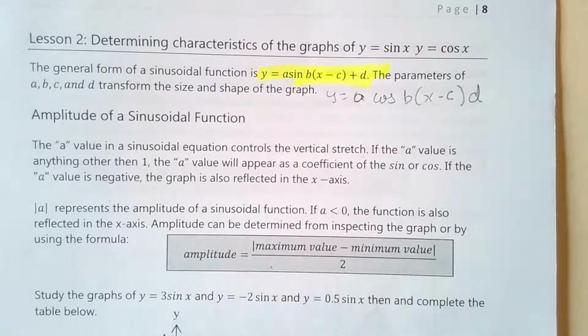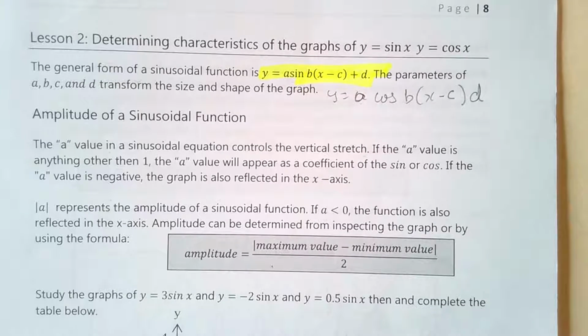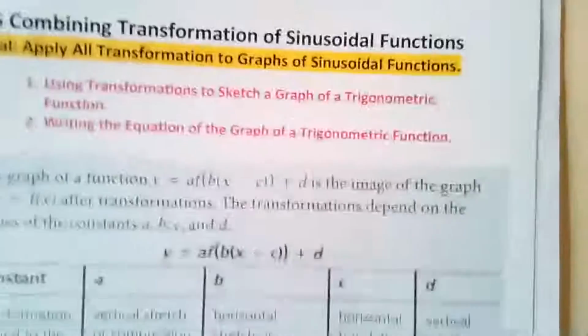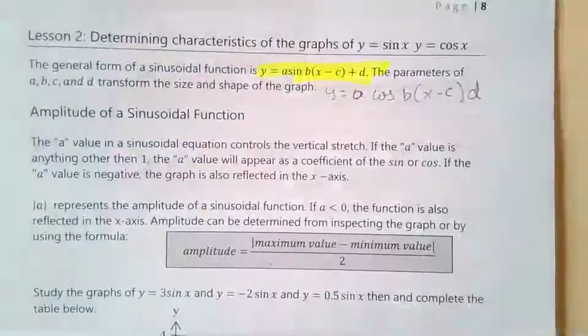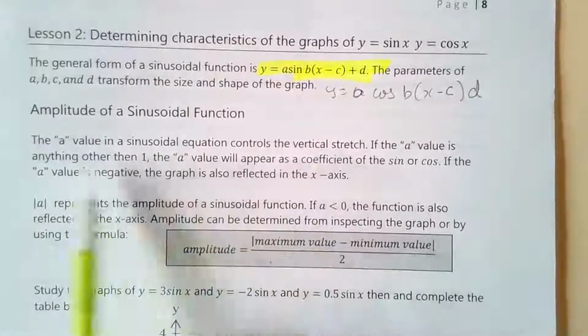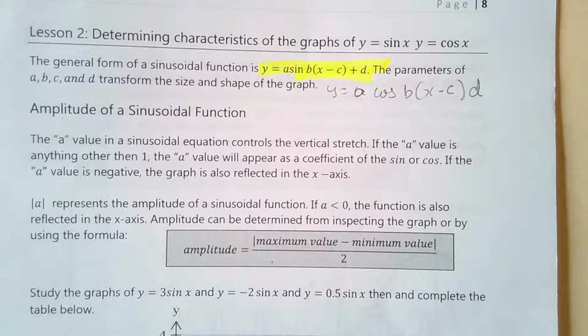We'll talk more about that in a minute. We'll go over each one of them, but I just want to show you from your booklet. So a, the value in the sinusoidal equation, controls a vertical stretch. If the a value is anything other than 1, it appears as a coefficient of sine or cosine.